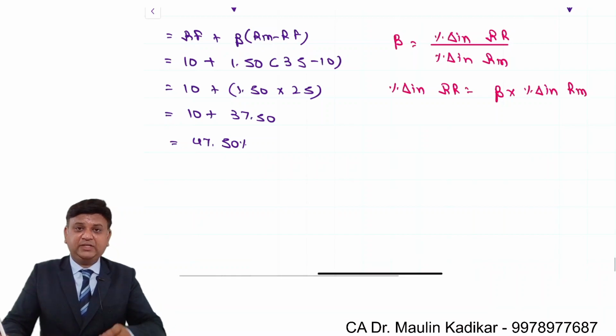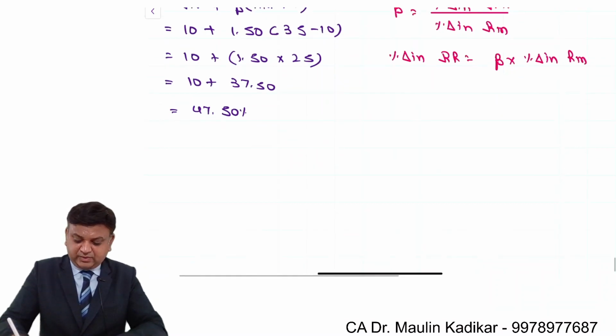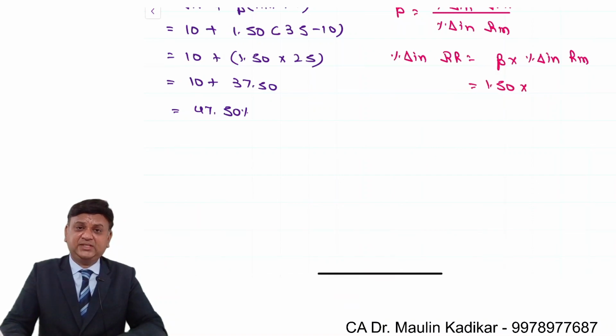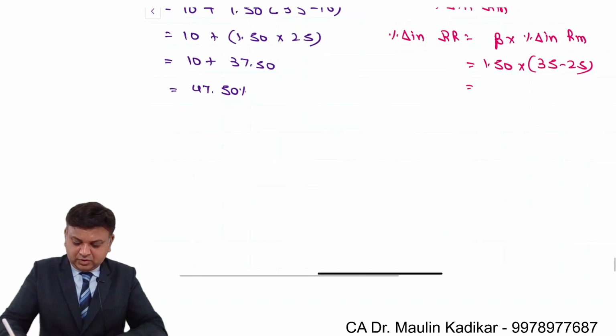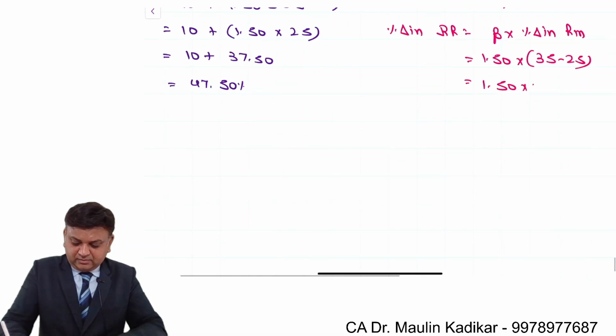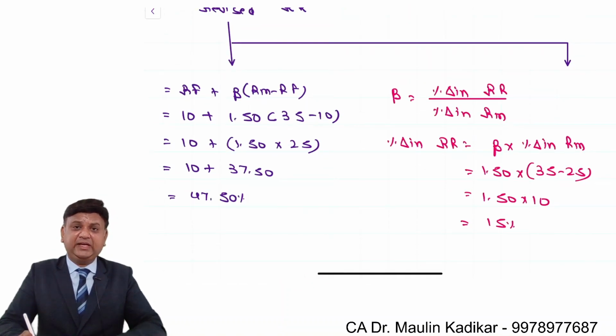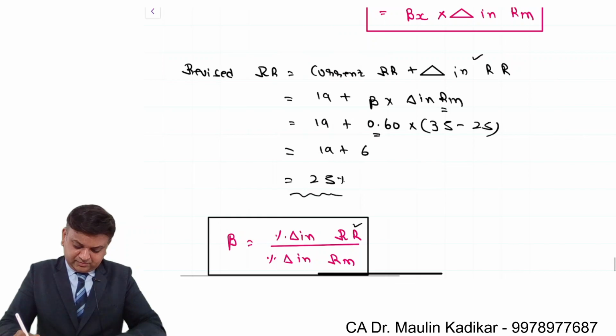Beta for security Y is 1.50, into 35 minus 25. So 1.5 into 10 comes to 15 percentage, meaning the required rate of return will increase by 15 percentage.